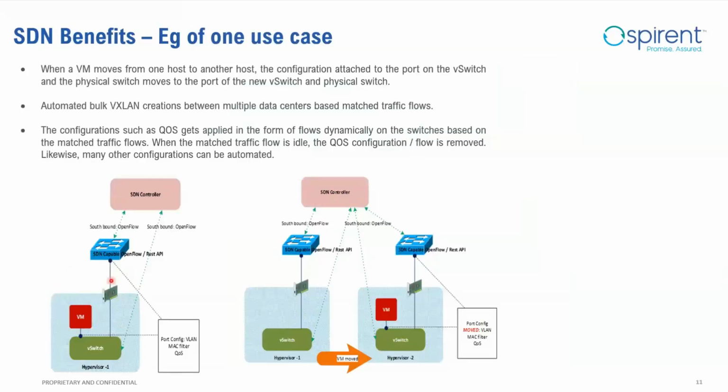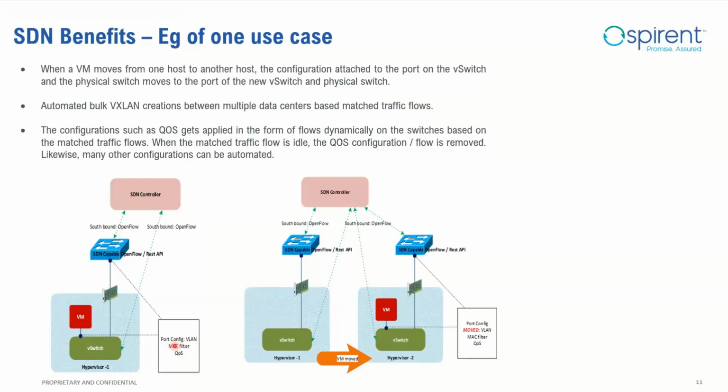And the benefits of SDN over here: if you see, there is an SDN controller and an SDN capable switch. This is programmed by OpenFlow. So let's say you create a VM and the SDN automatically creates the port on the vSwitch. vSwitch is a virtual switch inside the server connecting the virtual machines. So it programs the vSwitch port.